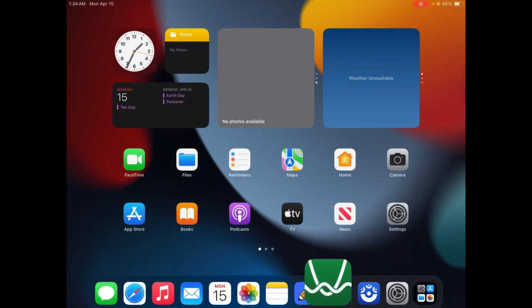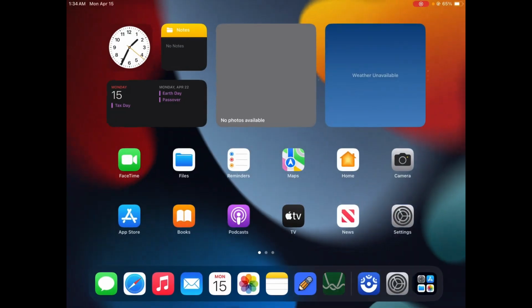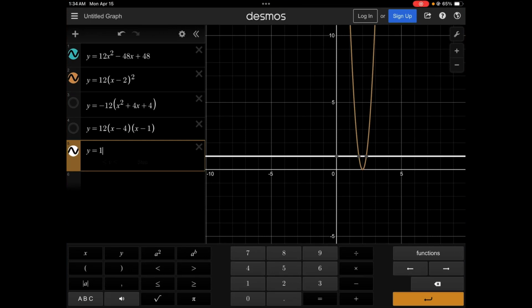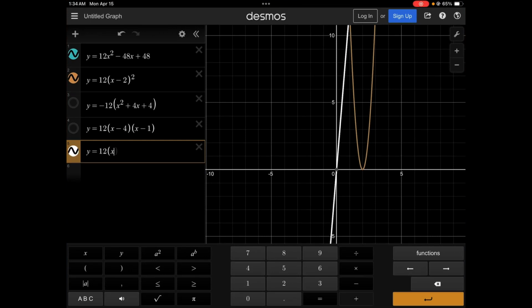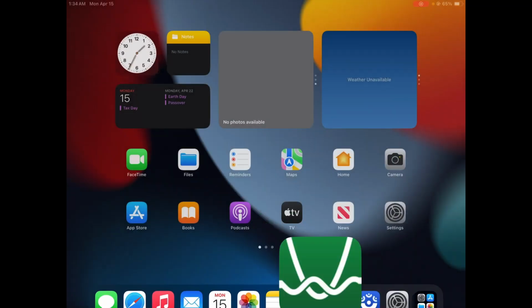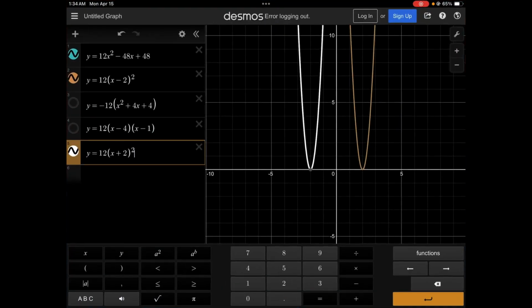Y equals negative 12x plus 2 squared. Y equals 12x plus 2 squared. Yep.